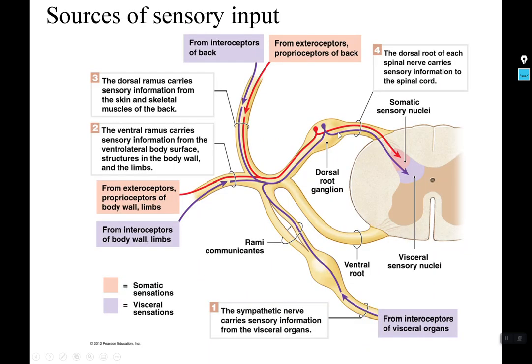So sensory input, remember our same DAVE acronym. So sensory equals afferent, dorsal equals afferent. We notice that things are coming in through the dorsal root ganglion and the dorsal root. And these are obviously going to be divided between visceral sensory and somatic sensory sensations.